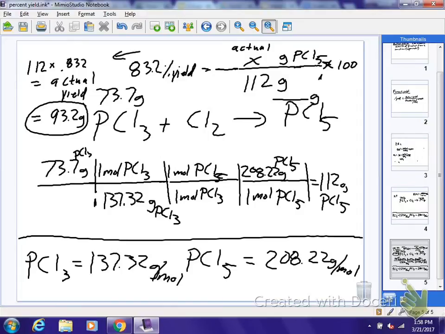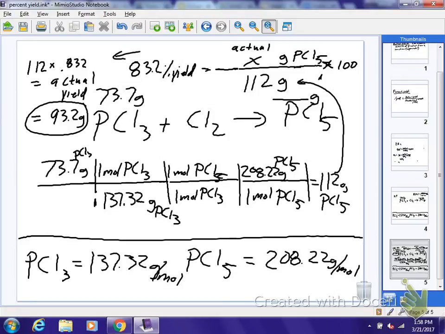Okay, so we have 112 grams of PCl5. That's the theoretical yield, and it goes up in our equation for theoretical yield. The actual yield we're trying to find is X. So we divide both sides by 100, and we end up with 0.832 equals X grams over 112.